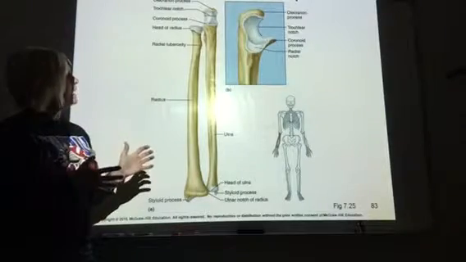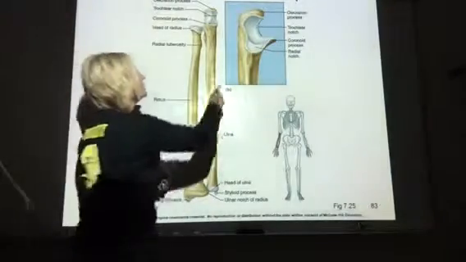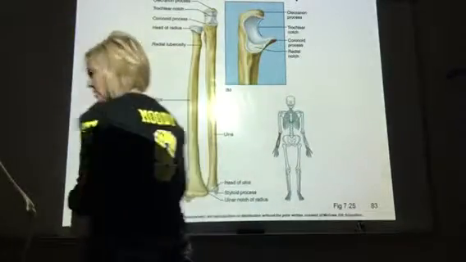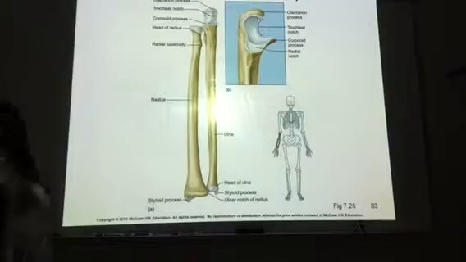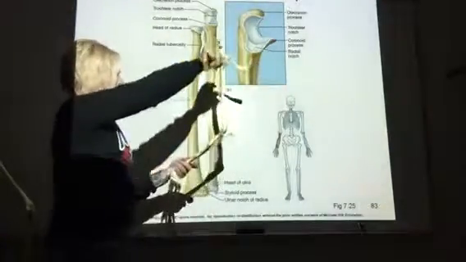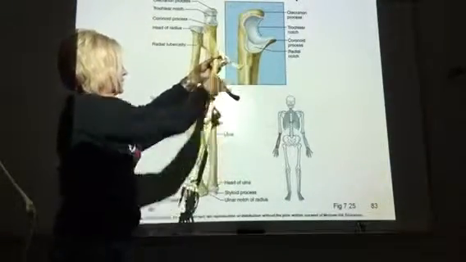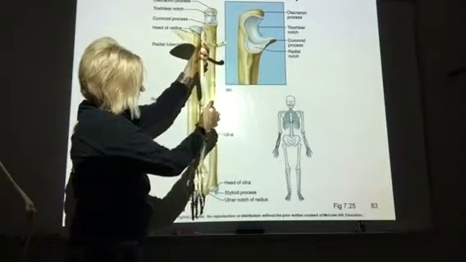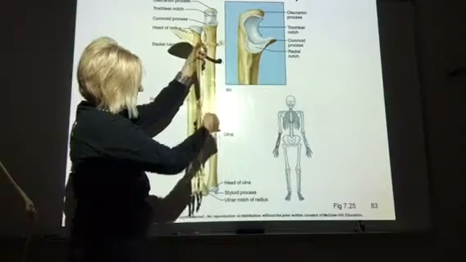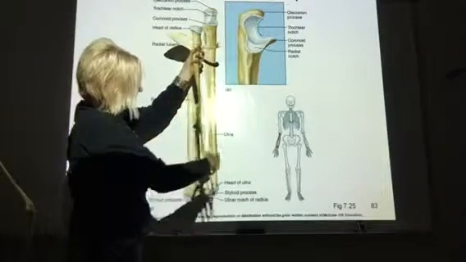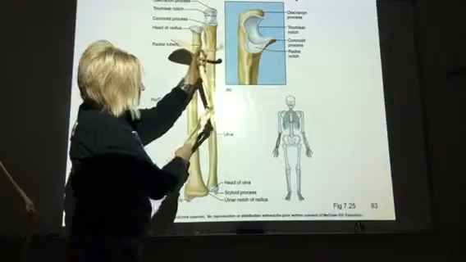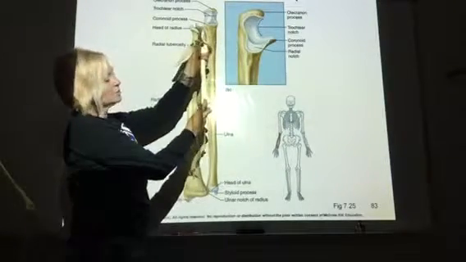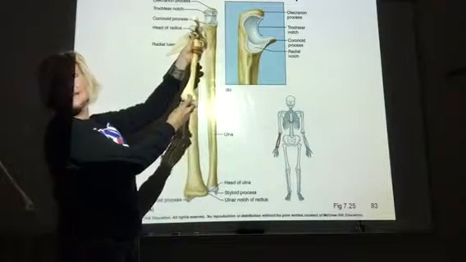When I'm looking at my elbow, olecranon process is this hook that actually comes around. So if I'm actually looking at my arm, here's my humerus, here's my elbow right here. This is the olecranon process, and that's the ulna, and you can see how that moves. So the olecranon process fits into the olecranon fossa.